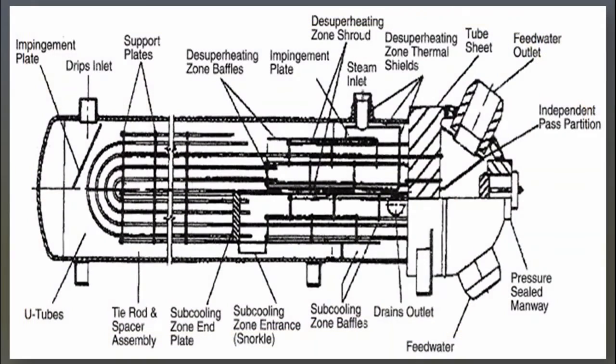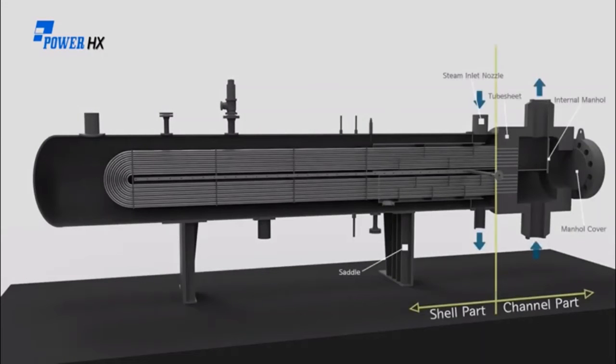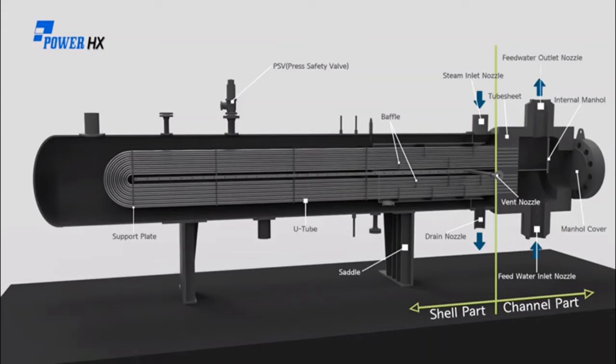This figure shows the different parts of the feedwater heater. Here's the feedwater heater's composition. On the steam inlet side, there are baffles in the desuperheating zone, support plate, baffle in the drain cooling zone, pressure safety valve, and vent nozzle. For the tube side, feedwater inlet nozzle, U-tube, and outlet nozzle.